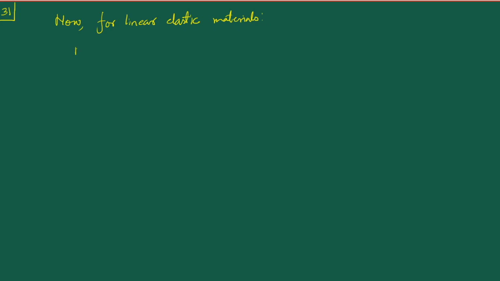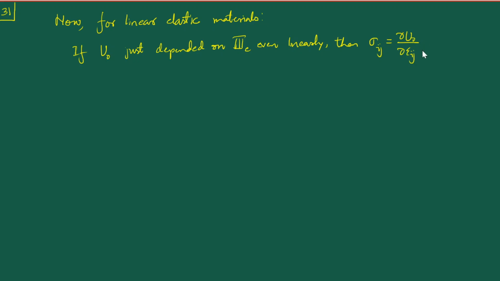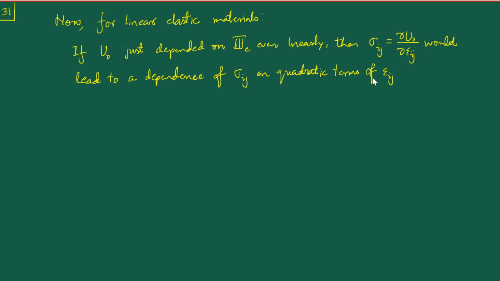For such materials, if u naught just depended on I3E even linearly, then sigma ij is equal to del u naught by del epsilon ij would lead to a dependence of sigma ij on quadratic terms involving the strain components.